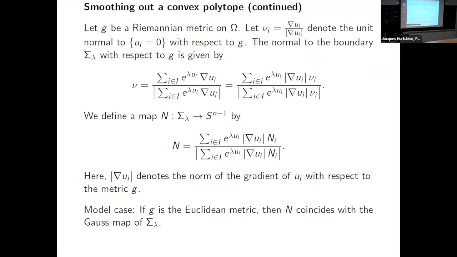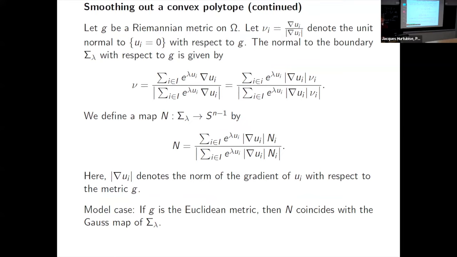Okay. And so now let's assume we have a Riemannian metric on our polytope. And let's look at the unit normals to all the faces. And let me call these nu i. And of course, nu i changes from point to point because it depends on the metric G. And so then what you can do is compute the normal to this smooth domain in terms of the normals to the boundary faces of the original polytope.